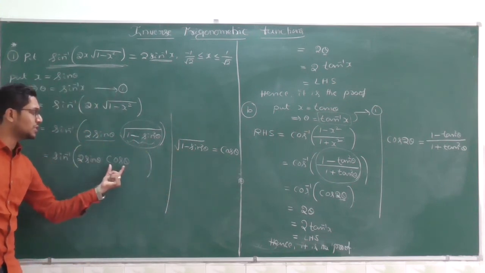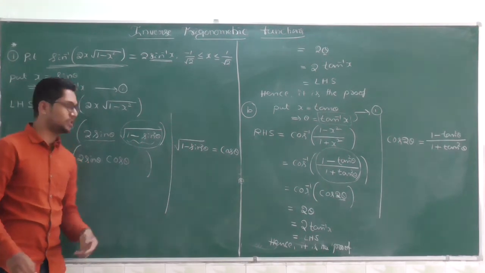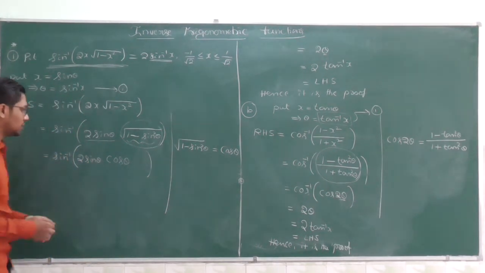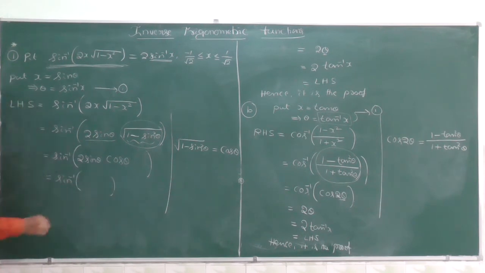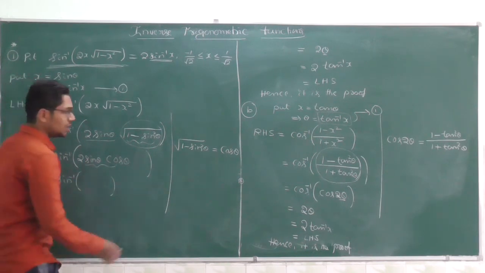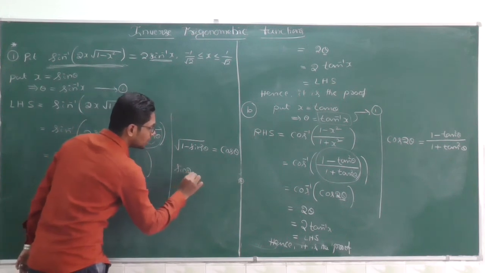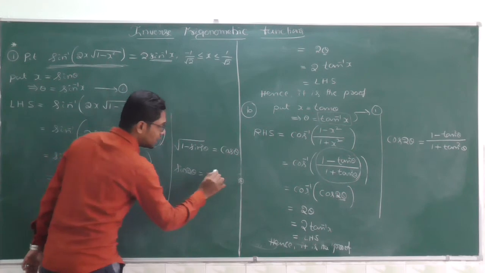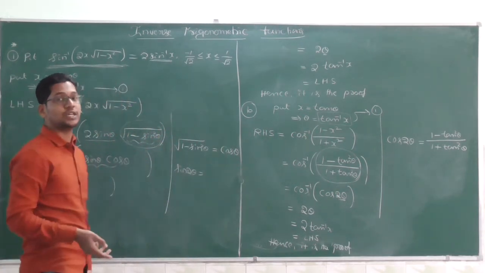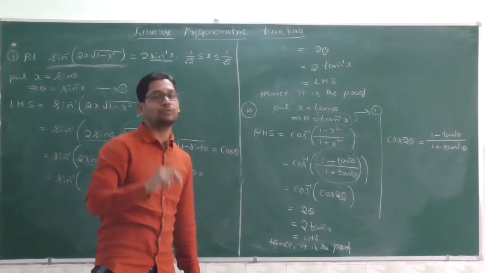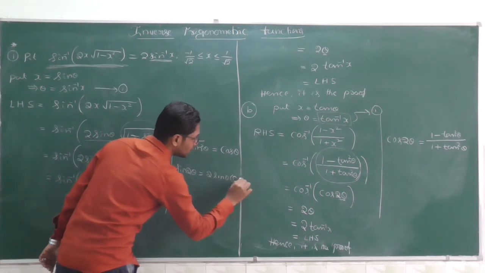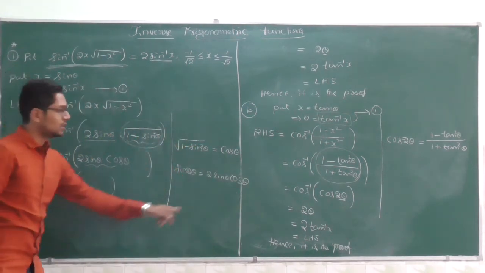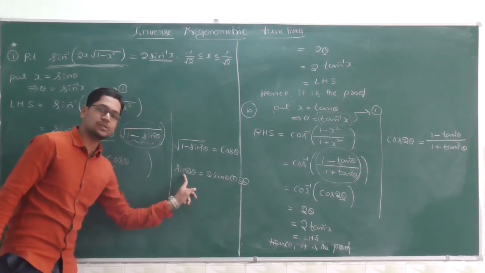In place of this, I am replacing cos theta. So it becomes 2 sine theta into cos theta. Next step, sine inverse of 2 sine theta cos theta. In trigonometry, for sine 2 theta we have two formulas, and one of them is 2 sine theta cos theta. So this 2 sine theta cos theta can also be written as sine 2 theta.